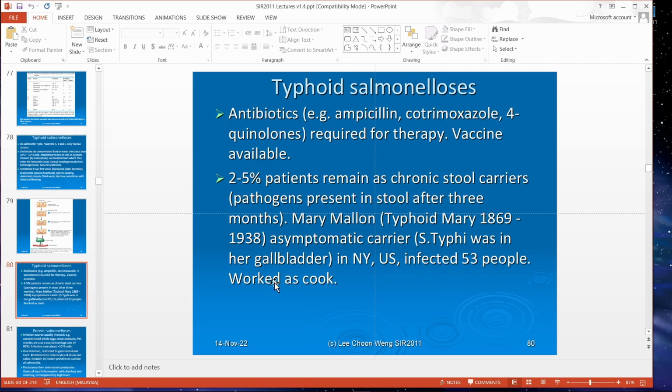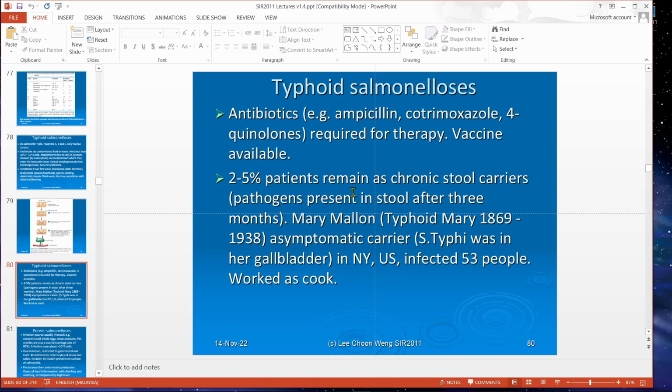You have antibiotics, but 2 to 5% of the patients remain chronic stool carriers. Although there are antibiotics, you have cases where the bacteria hides within your organs.